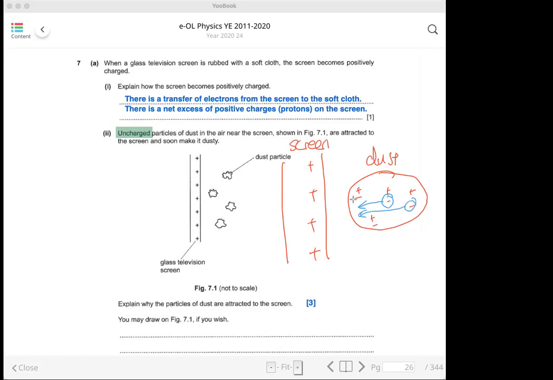Clear so far? Let me read some of your questions. So that's the first step. When the dust is near the screen, the negatively charged particles in the dust will be attracted to the side that is nearer to the screen.